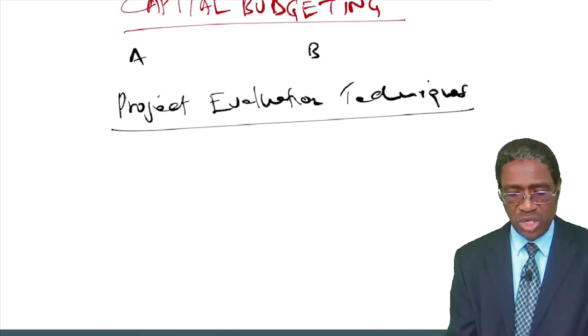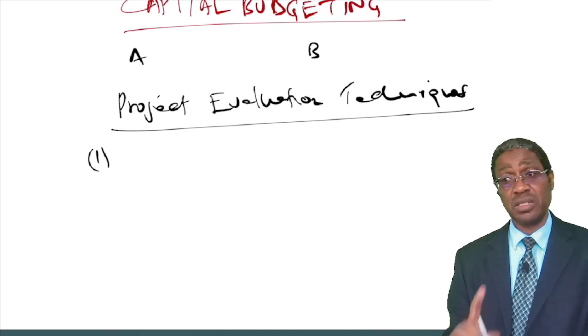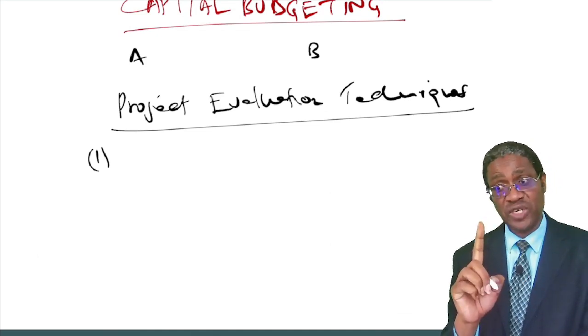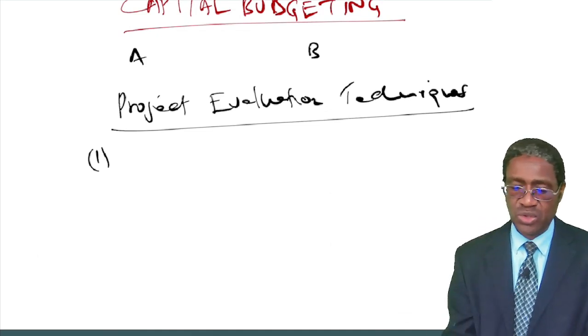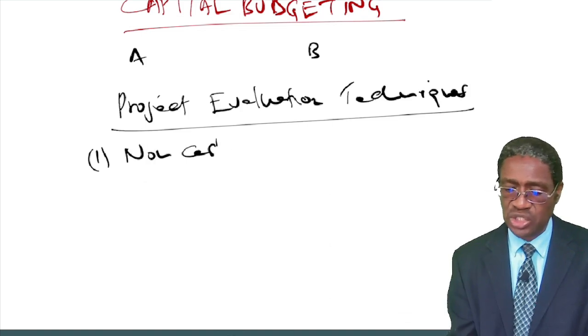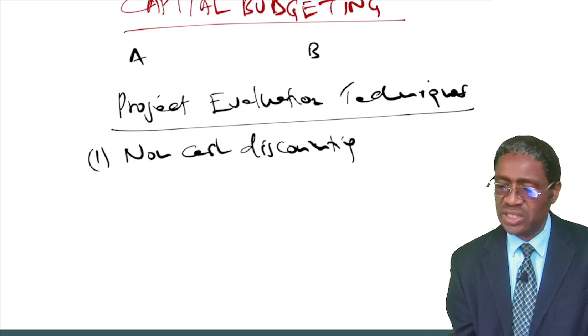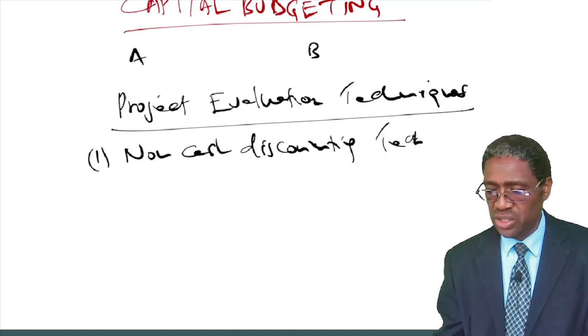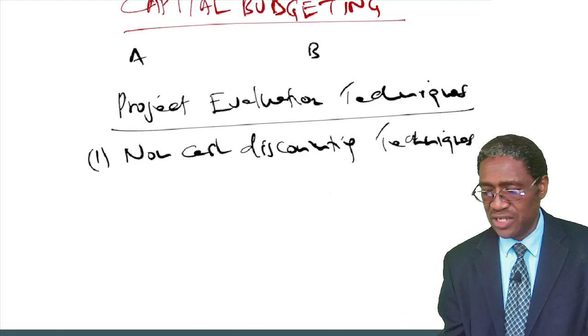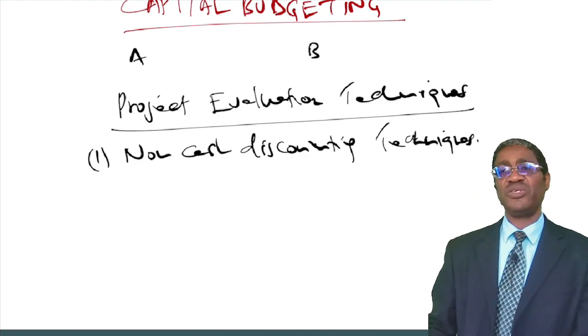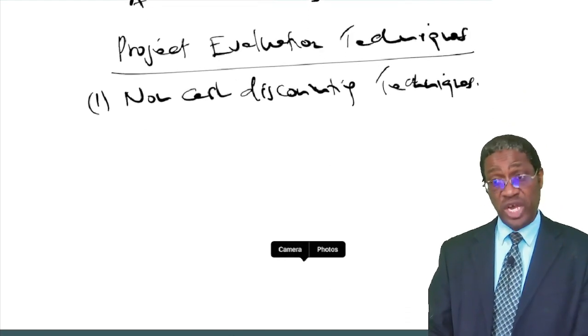The first category of techniques is what we call non-cash discounting techniques. That's one of the methods of determining where to invest.